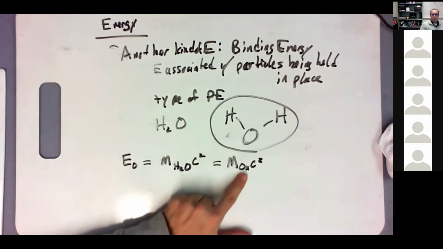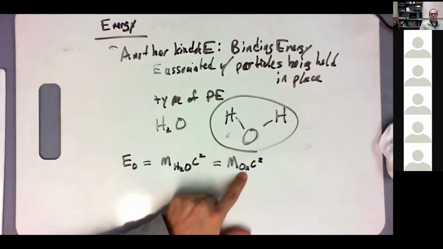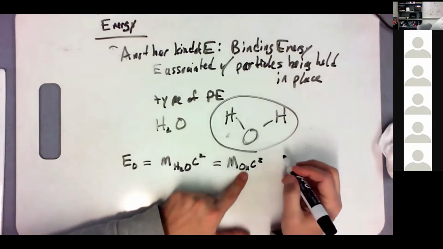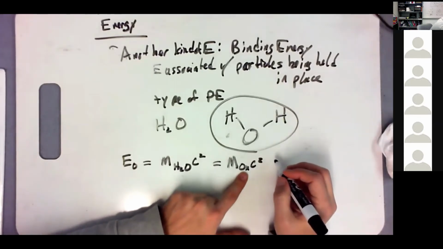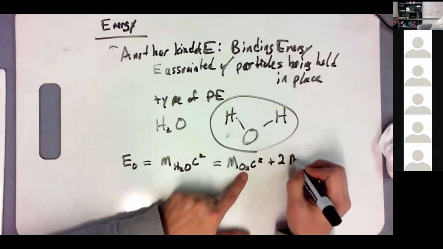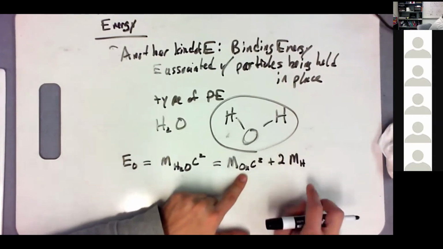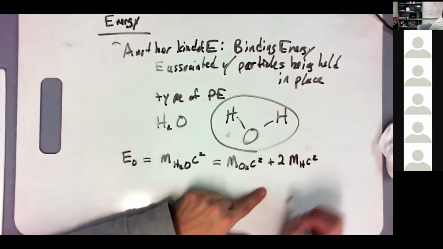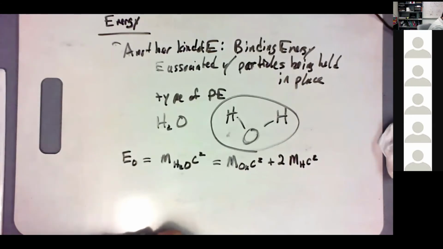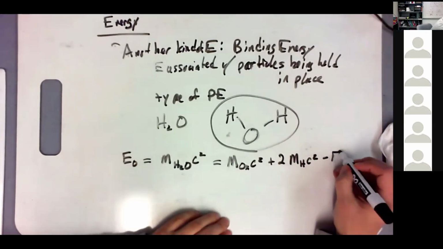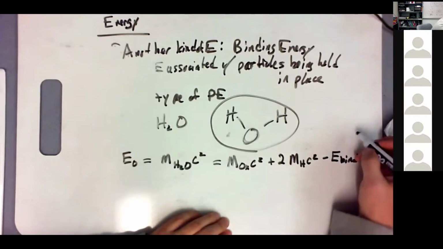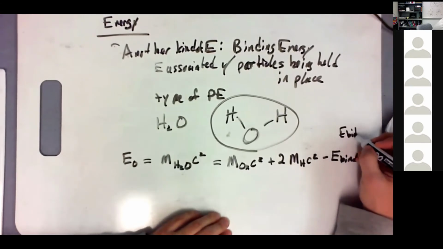I was just going to put O for oxygen, but then it looks like an M naught, and I really want that to be capital O, so I put an X there to make you realize that this is the mass of the oxygen atom by itself times c squared, plus 2 times the mass of hydrogen, because there's 2 of them, times c squared, minus the binding energy, where the binding energy is greater than 0.